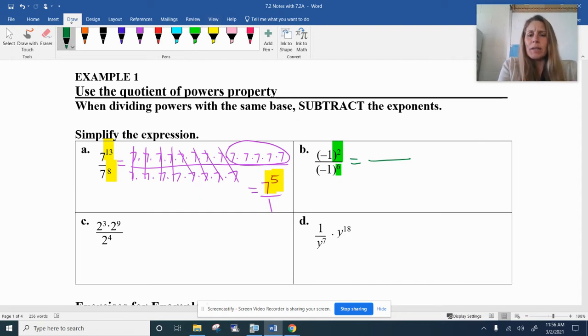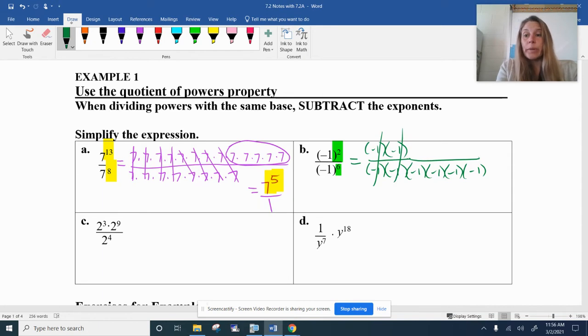Just so you can see how this one works the longhand way, if I have 6 negative 1s on the bottom, and then I have 2 on the top, I cancel those 2, and I have 4 left, but notice where they are. They're on the bottom. So we would have 1 over negative 1 to the 4th power.